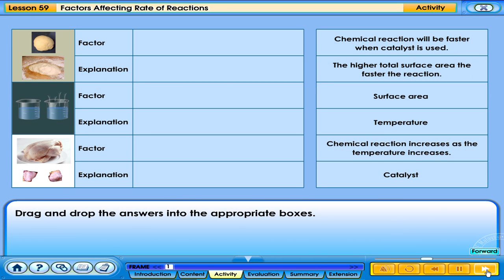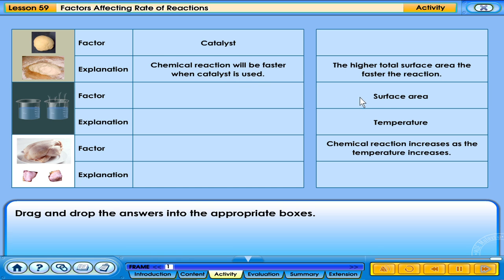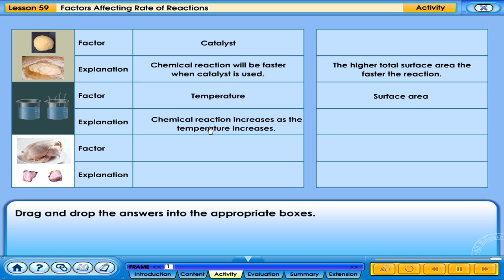Drag and drop the answers into the appropriate boxes. Your answer is correct. That's not right.